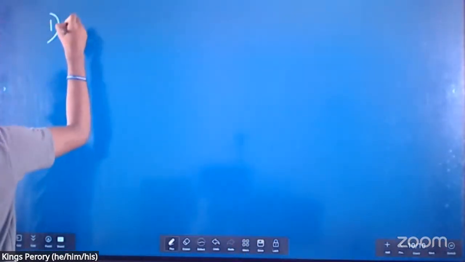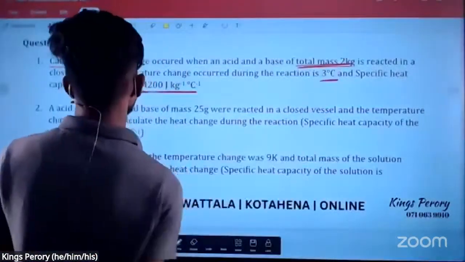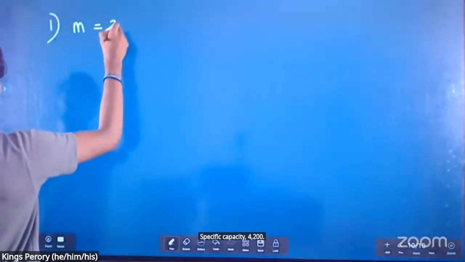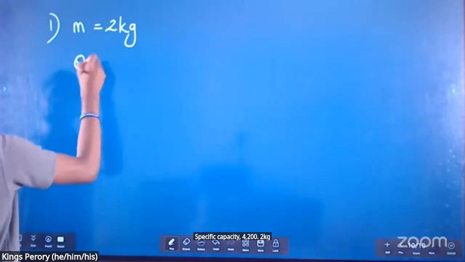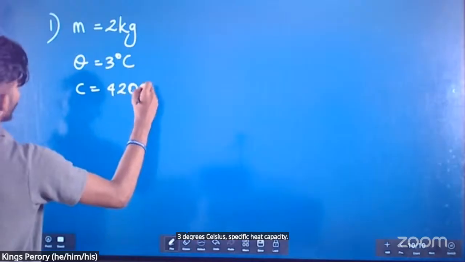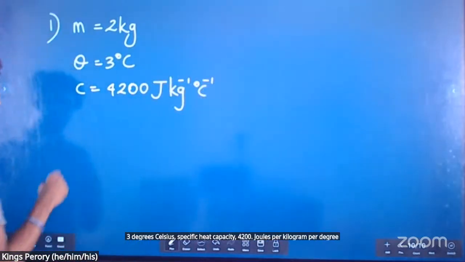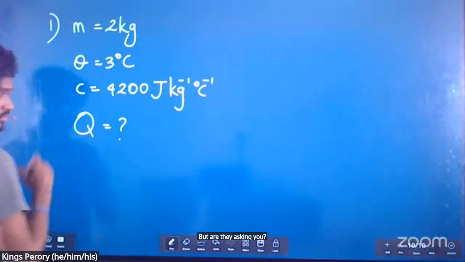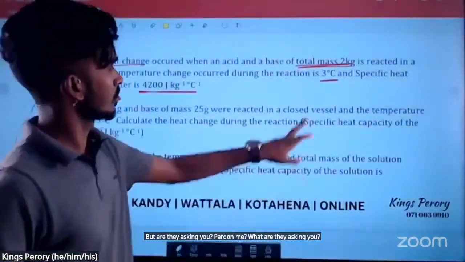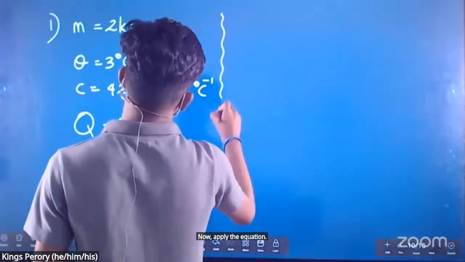I'll write the values separately. Mass 2 kg, temperature change 3 degrees Celsius, specific heat capacity 4200 joules per kilogram per degree Celsius. Now apply the equation.